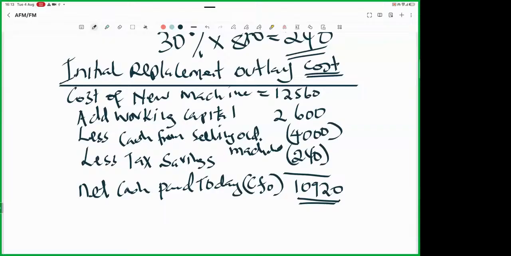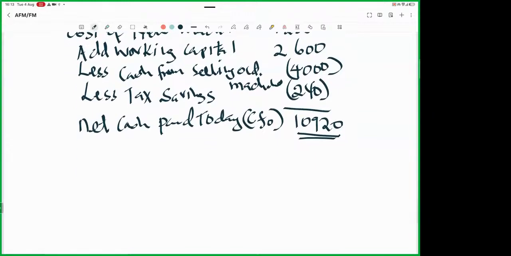So it is 10,920. Thank you so much. This thing is very procedural. Now, after we get this initial replacement cost, we go column by column comparisons.